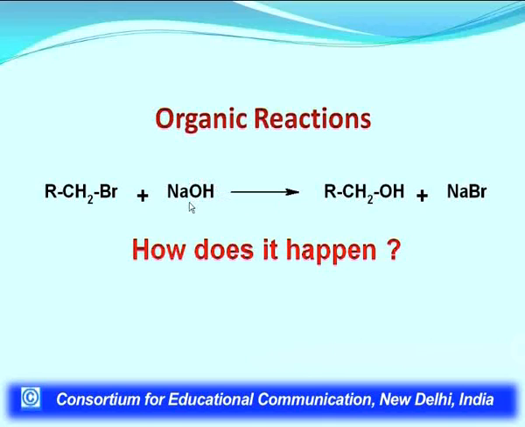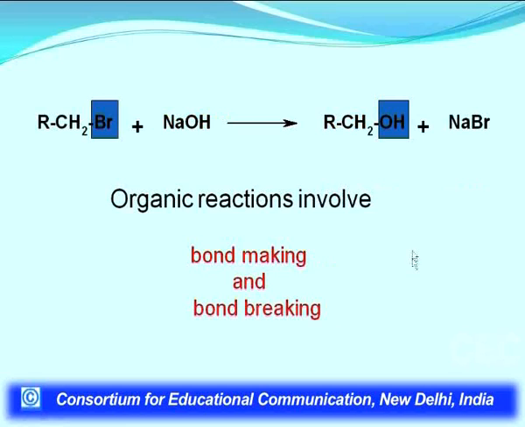The OH that was here with sodium is now a part of this molecule. The bromine that was a part of this organic molecule is now with sodium. So this bromine has been replaced by a hydroxyl group. One bond between carbon and bromine has been cleaved, and one bond between carbon and oxygen has been formed.